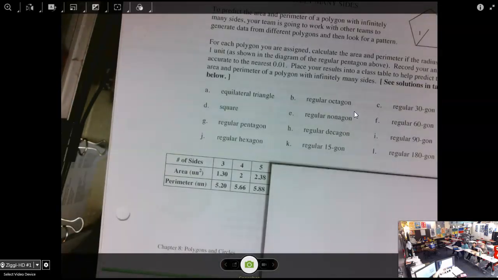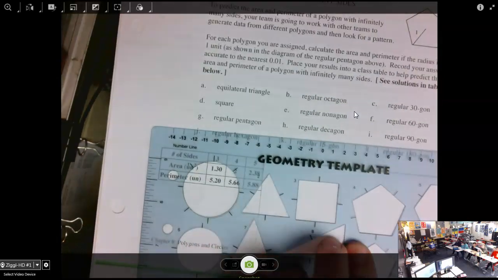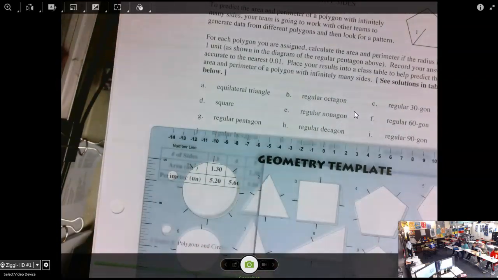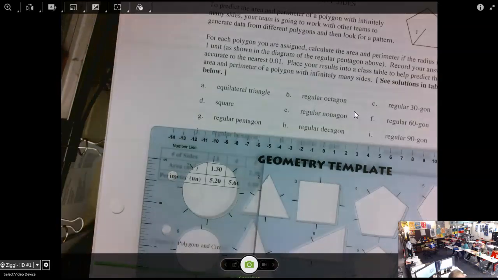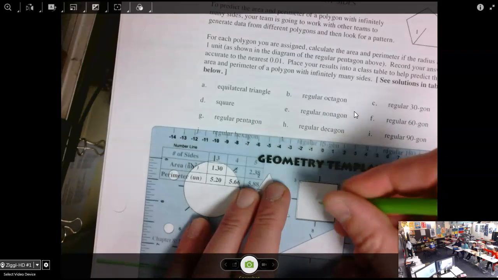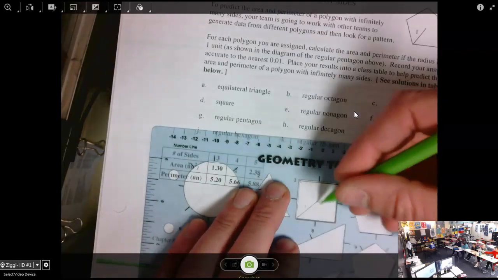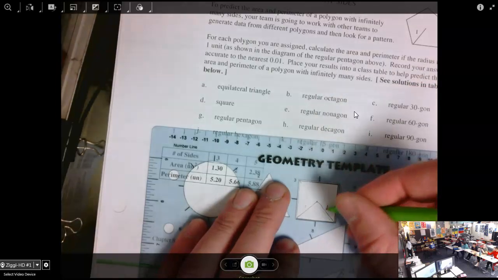Where is a square on this? Oh, up there. If you imagine this is your square, and this is 1, and this is 1, what have you created?